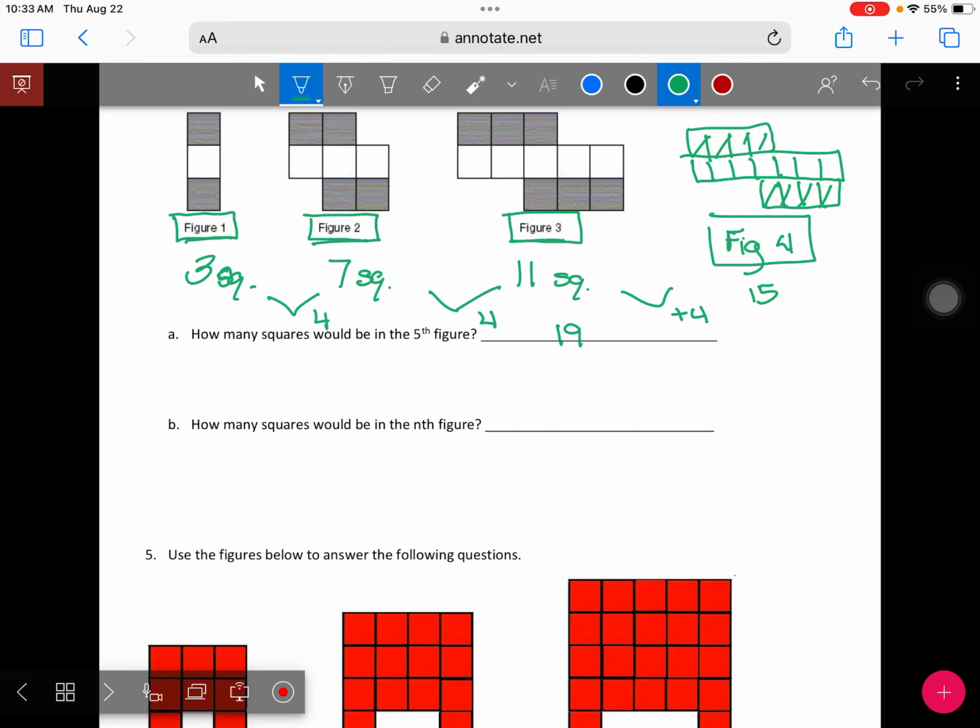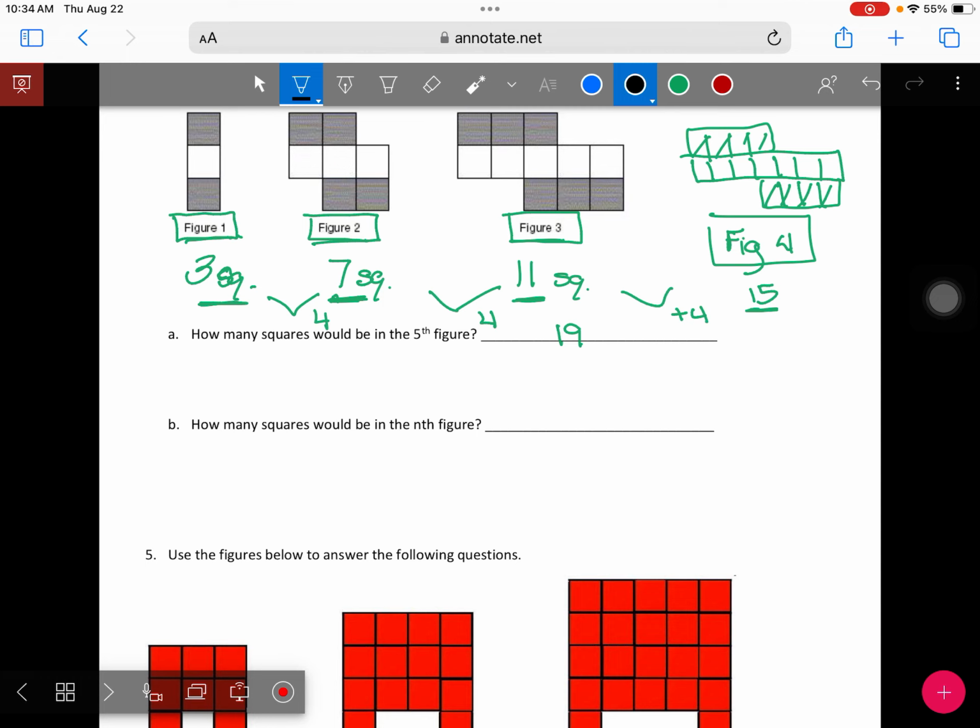How does that compare with the total? How do you get from figure 1 to 3? Layla? Adding 2? Well, that works for the first one, but if I add 2 to figure 2, that only gives me 4, and I need 7. How can I get from 1 to 3?